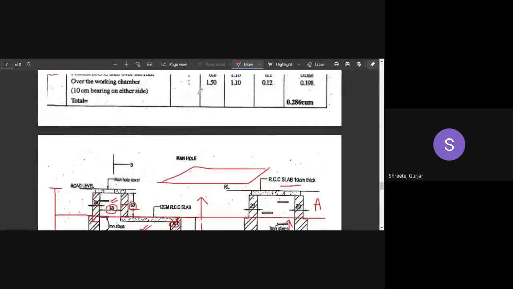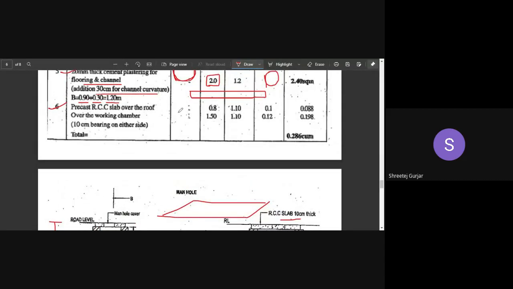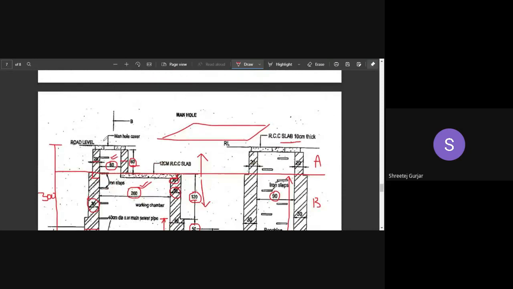Okay, so that is for the roof slab. We are done for that. Then one more slab we have over here, and for that also we need to consider bearing. It is 60 plus bearing on this side plus bearing on this side. You need to add, and you will get the length.